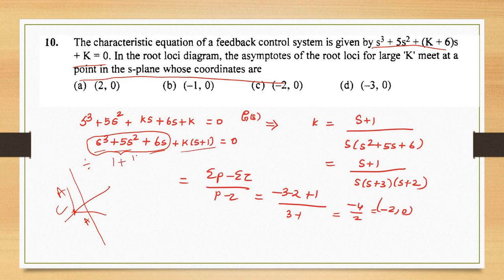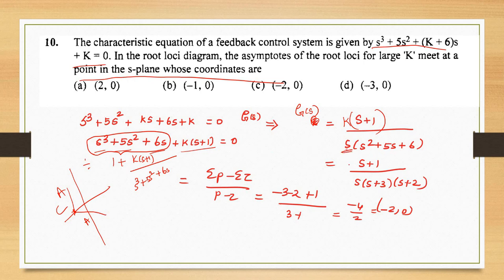So 1 plus k into (s plus 1) divided by s cube plus 5s square plus 6s. That is the value of G(s). What is G(s)? K into (s plus 1) divided by s cube plus 5s square plus 6s.